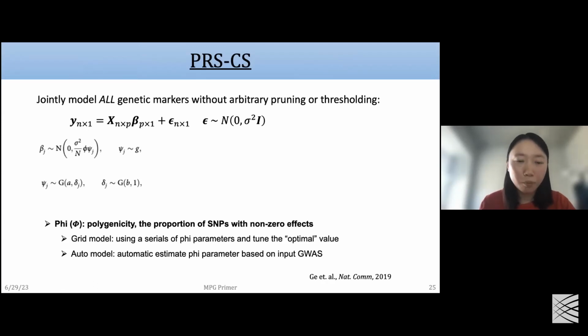It is the proportion of SNPs with non-zero effects and is quite related to which variants will be included in the PRS model. So if the trait is less polygenic, then we expect fewer variants to be included. But if the trait is more polygenic, then we expect more SNPs to be included in the PRS.